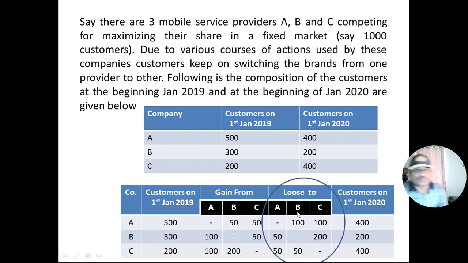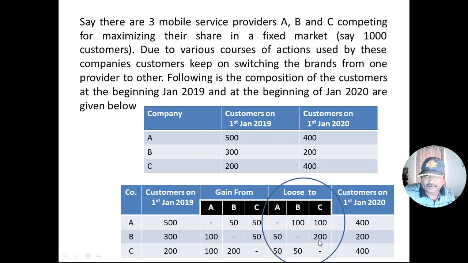Similar things happen to B. B had on 1st January 2019 300 customers and 100 customers it has gained over the year from A, and 50 it has gained from C. But simultaneously, there was loss of 50 customers to A. 50 customers of B switched their loyalty to company A, and 50 users of B switched to use mobile service provided by C, right?